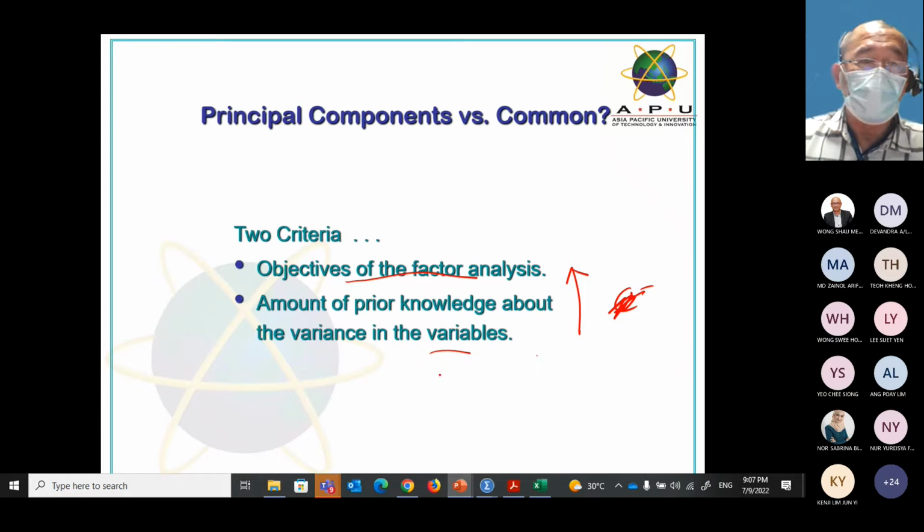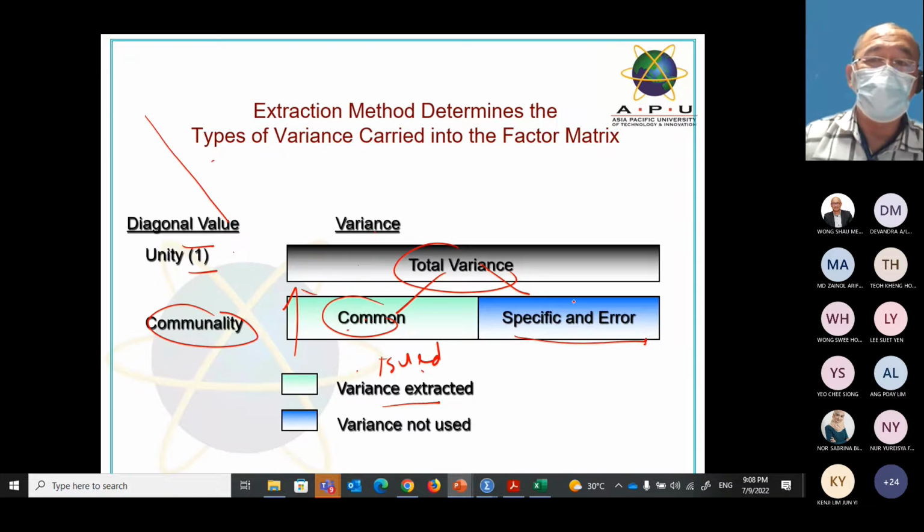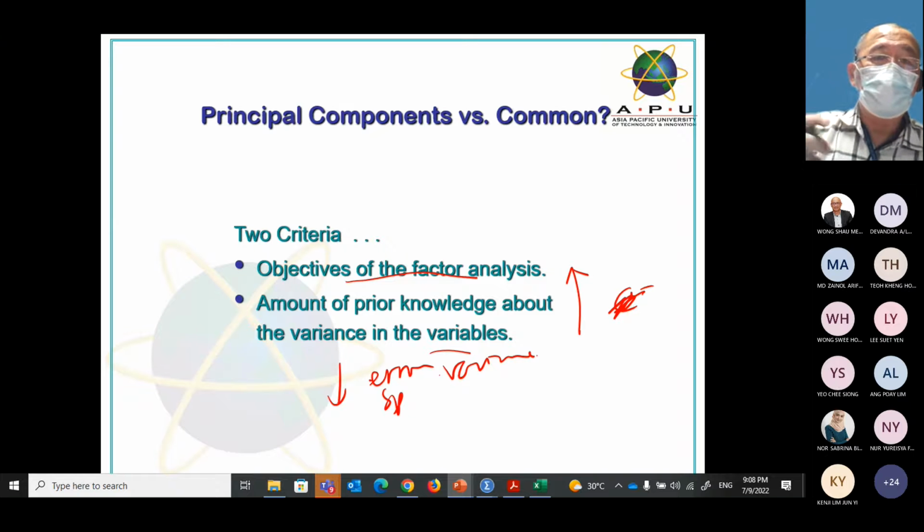If you have little knowledge about the specific and error variance, very little, not much, then you can use factor analysis.